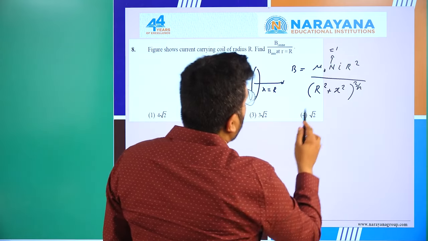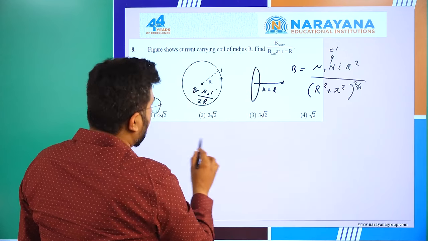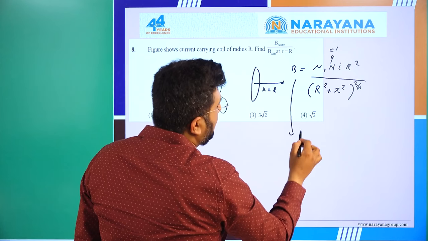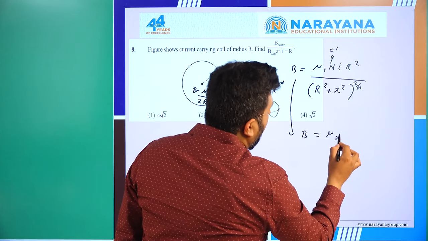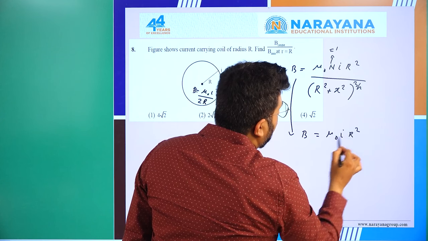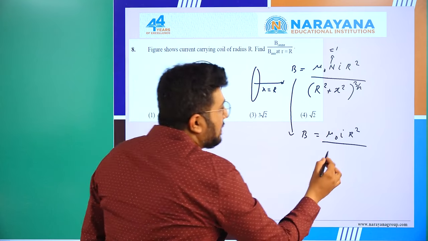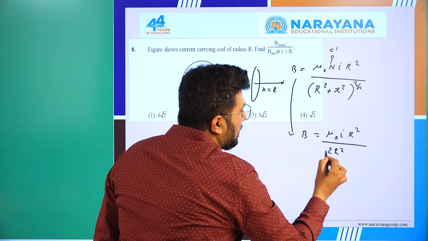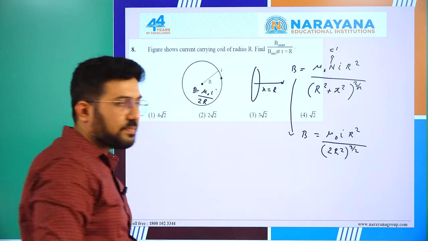Okay, so if I put x equal to r, what will I get? So for this case, I'll get B equals mu naught I r square divided by r square plus r square whole power 3 by 2.